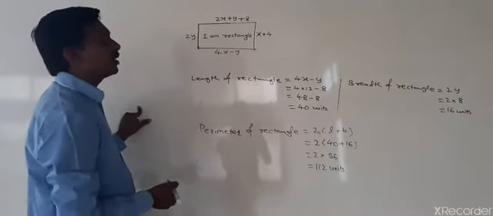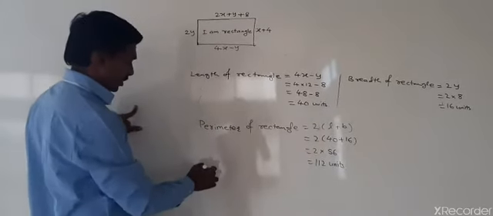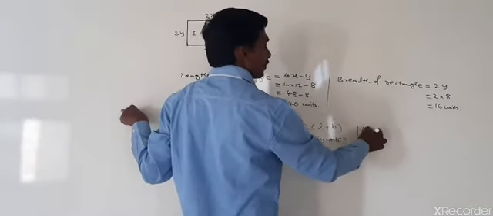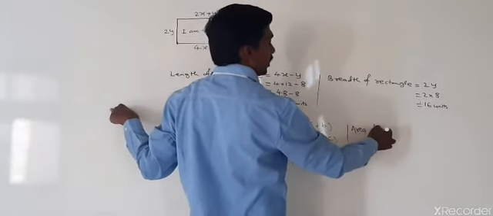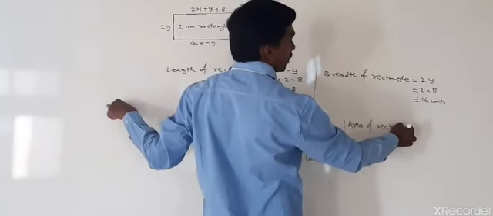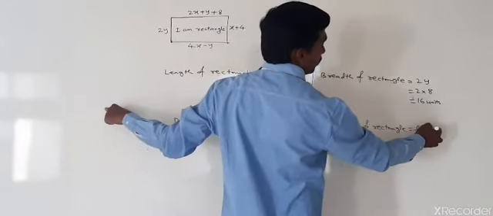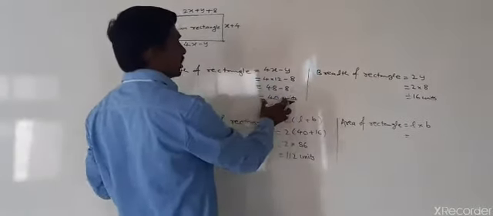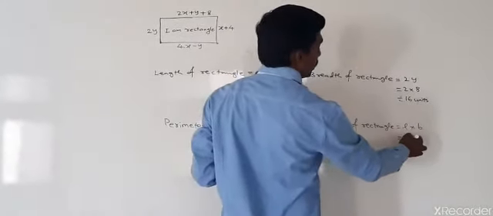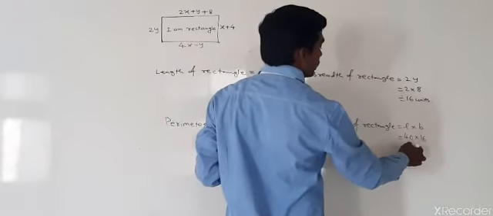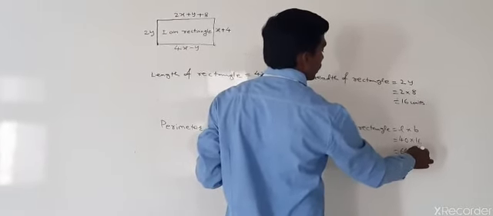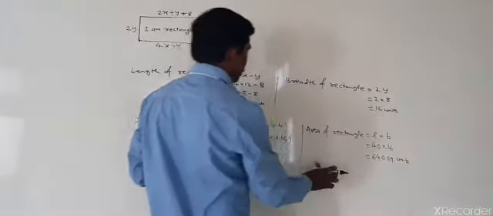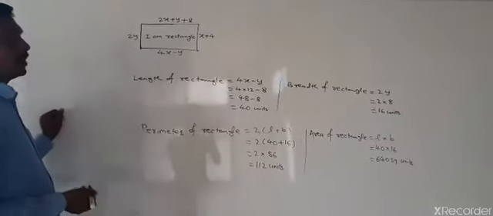Now we will find the area of the rectangle. We know the formula: area of rectangle is length into breadth. We have length 40 units and breadth 16 units. So 40 multiplied by 16 is equal to 640 square units. So we have to write the final answer in words.